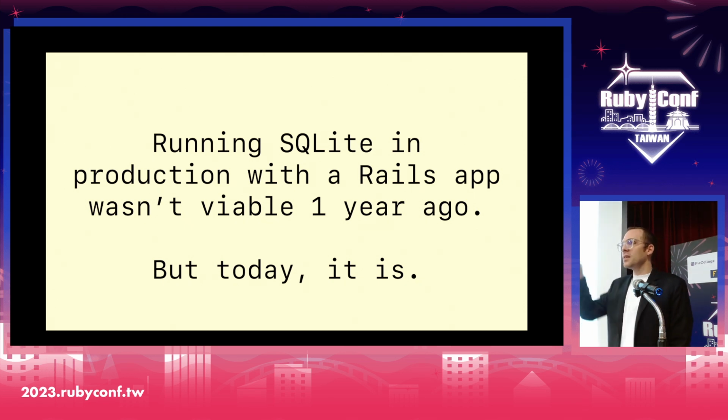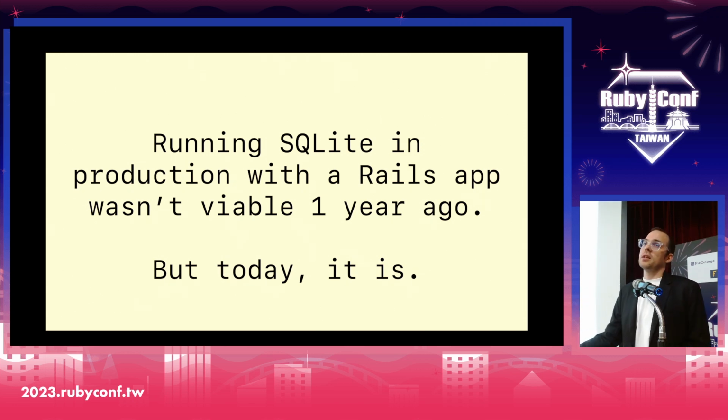But today, a vanilla Rails application running on the smallest, cheapest DigitalOcean droplet with a completely vanilla Hatchbox deployment process is fully usable from Taipei to Frankfurt.